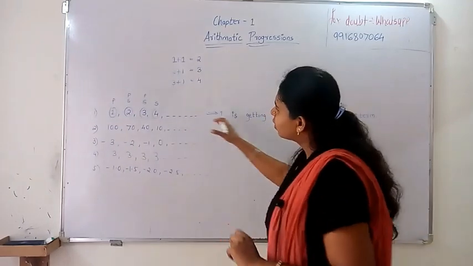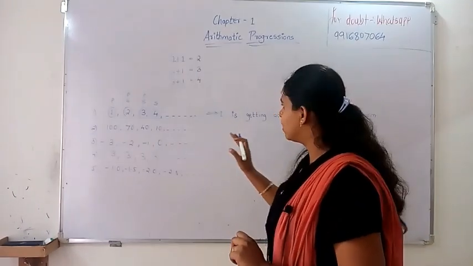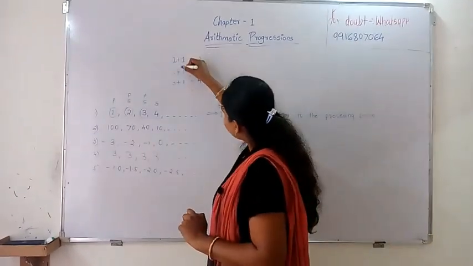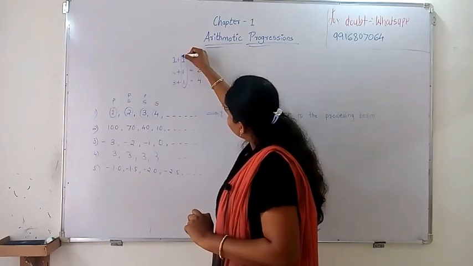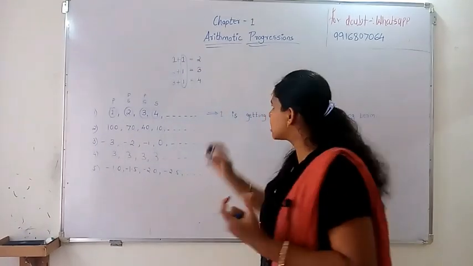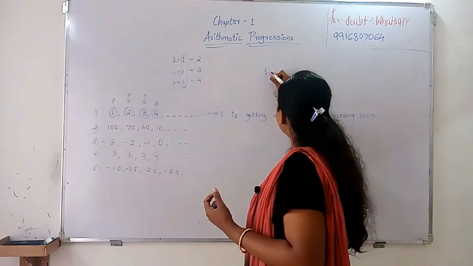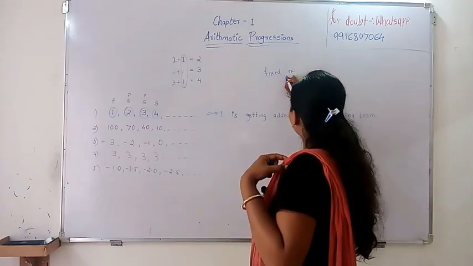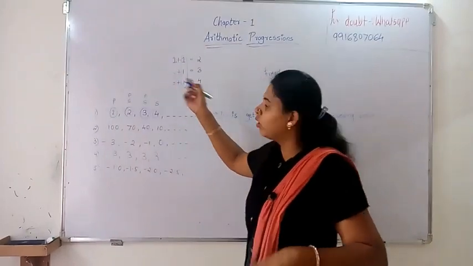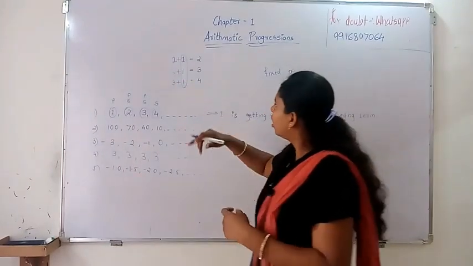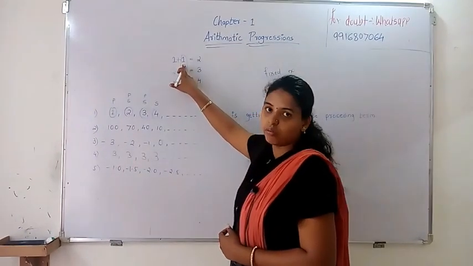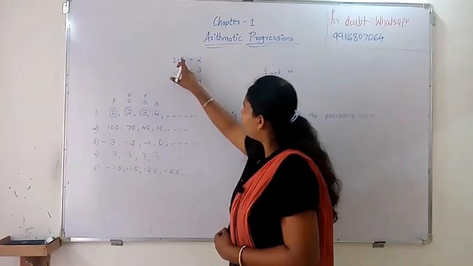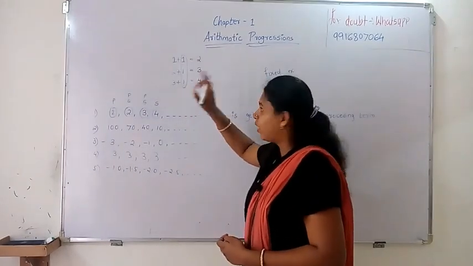So this sequence goes on continuously. Here we can observe that we are adding a fixed number. We are adding a fixed number. Are we changing it here? No, we are not changing the fixed number. We are adding this 1 only to each number. So 1 1 1, here also I have added 1 1 1.